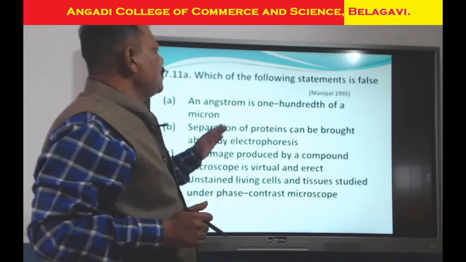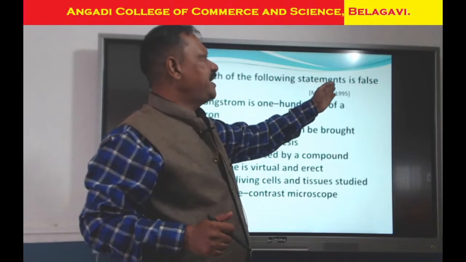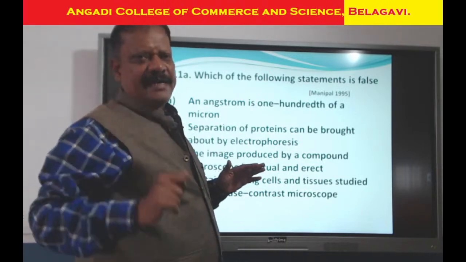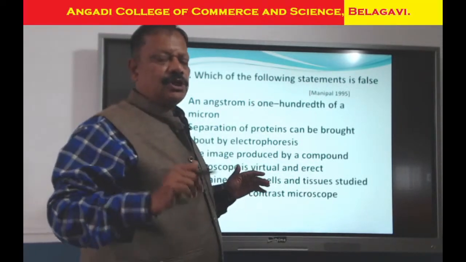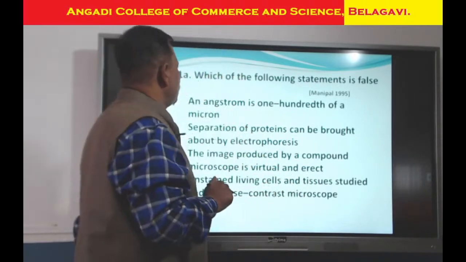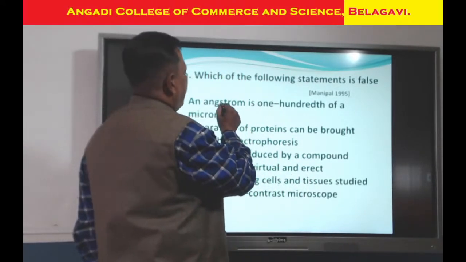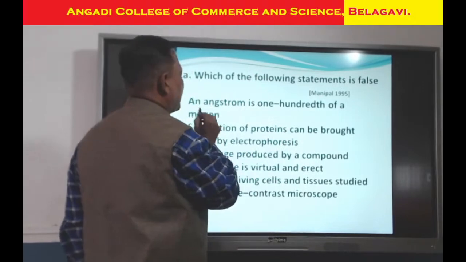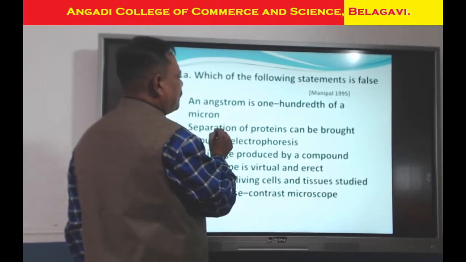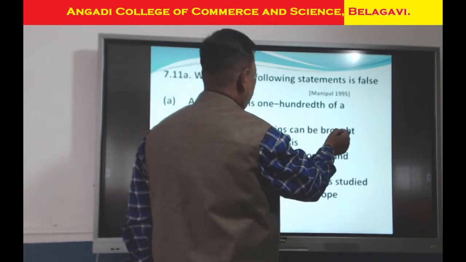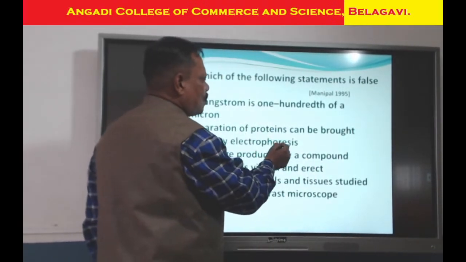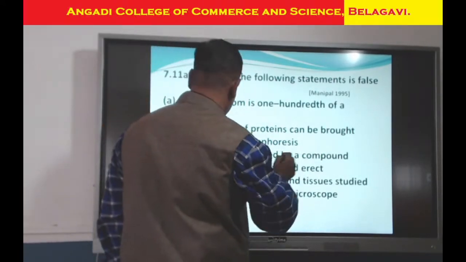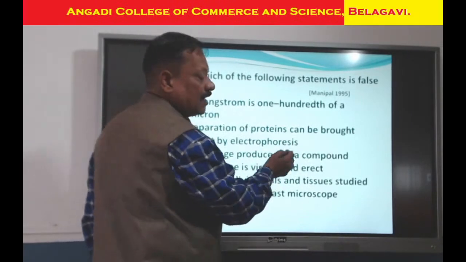Now, which of the following statements is false? Here, 3 statements are correct, 1 statement is false. We have to find it out. A, an angstrom is 100 of a micron. B, separation of proteins can be brought about by electrophoresis. C, the image produced by a compound microscope is virtual and erect.